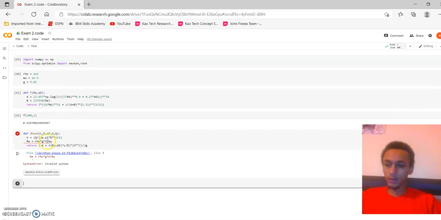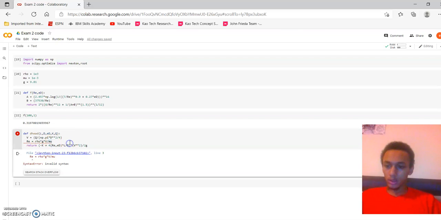And it's still saying invalid, so let's see. Array equals. And use a function. D is a function. Invalid syntax. This means the line above. I'm missing a parenthesis.